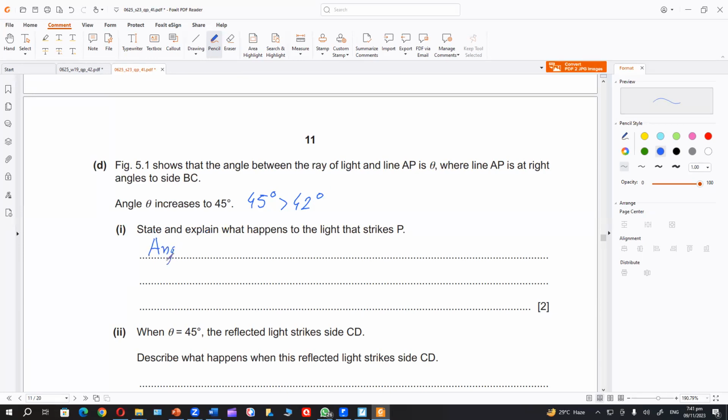Angle of incidence exceeds the critical angle.